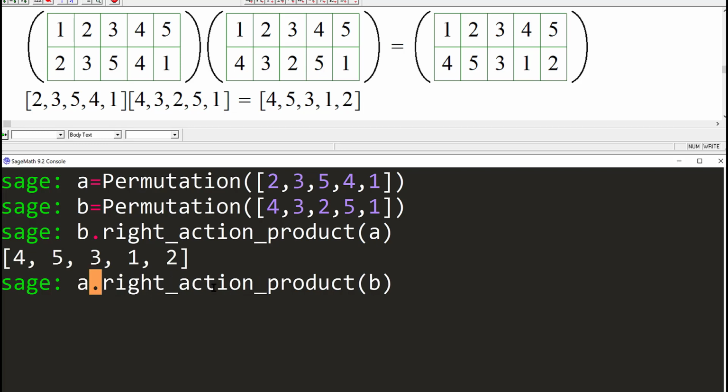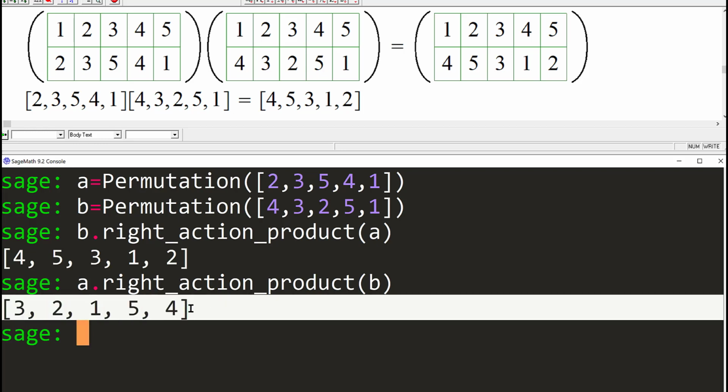Of course, it's multiplying the same way. So what we got here is 3 2 1 5 4. So let's take that into our document.